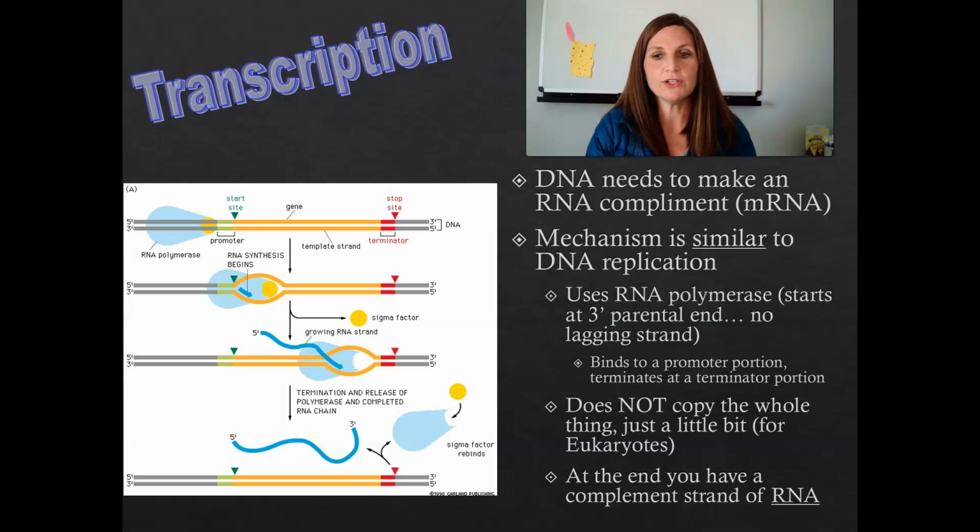We take down all of the nucleotides from promoter to terminator. And then that product we now call the mRNA. That product gets ready to go out into the cell and be translated into a protein.